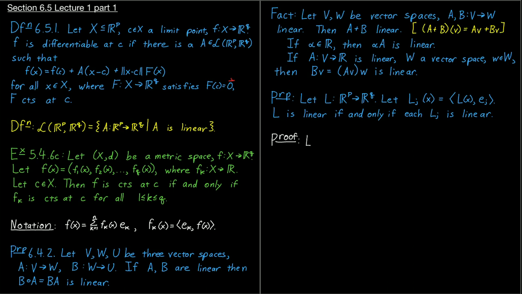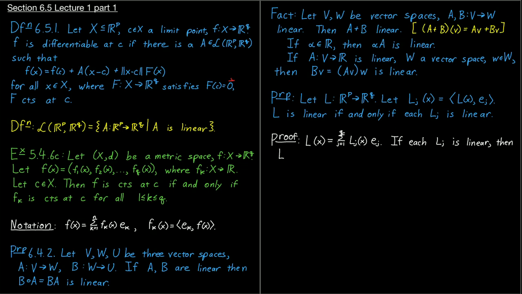So one direction is just one line. L of x, we remember, that's the sum from j equals 1 up to q of L sub j of x times ej. And then if each Lj is linear, then Lj times a constant is going to be linear even if that constant is a vector.